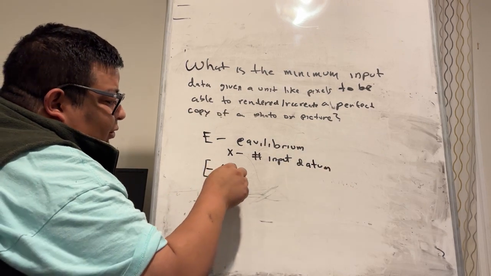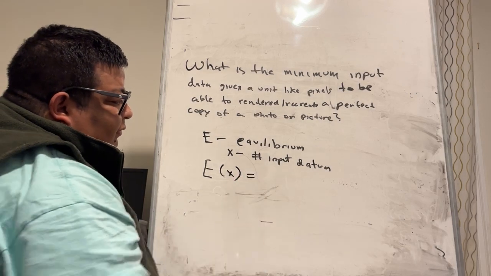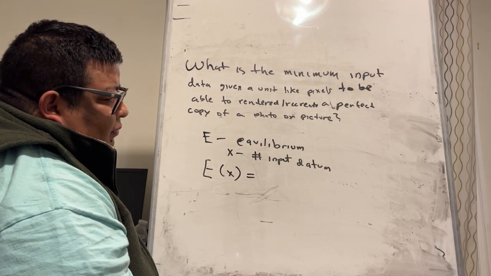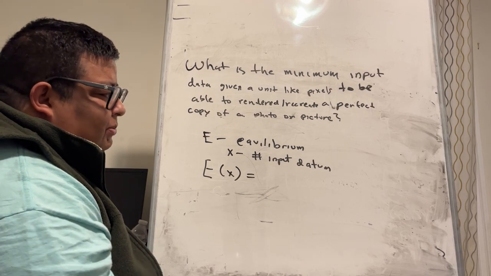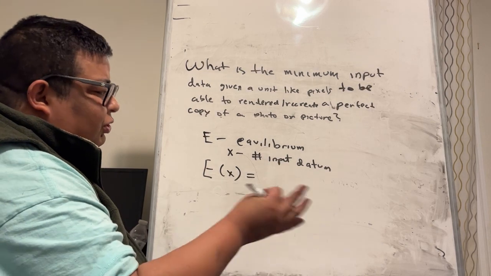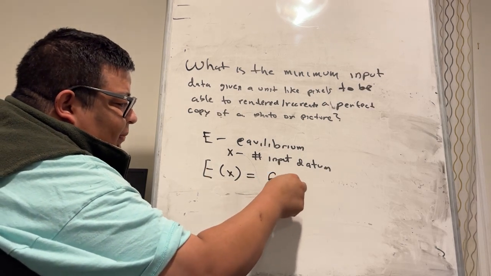Then E of X, I believe, well, unless it's infinitesimal, then we'll have to adjust it. But then I think E of X is fixed.